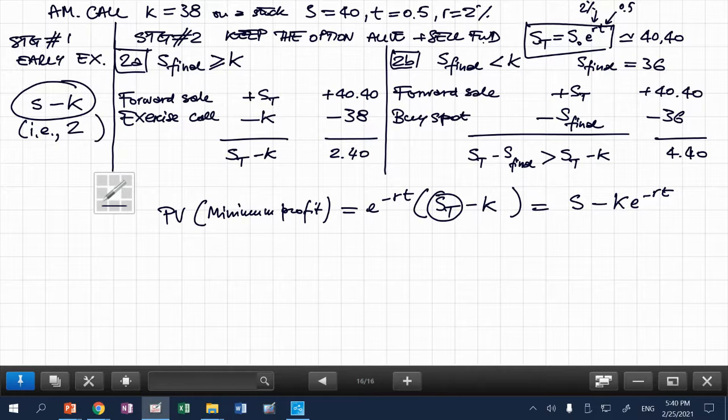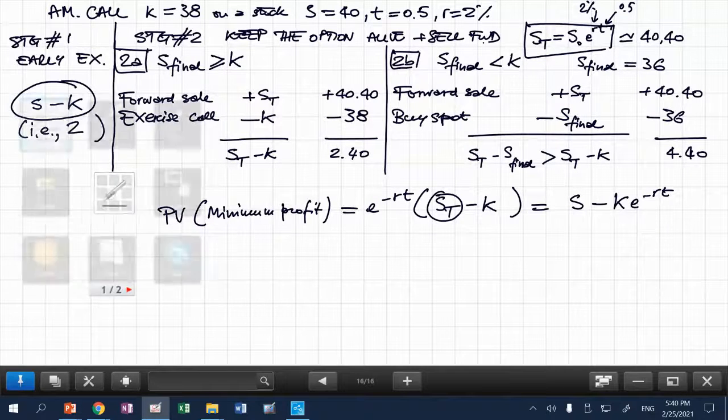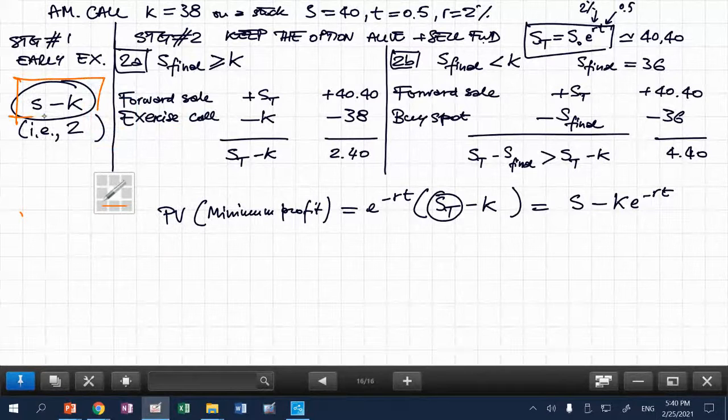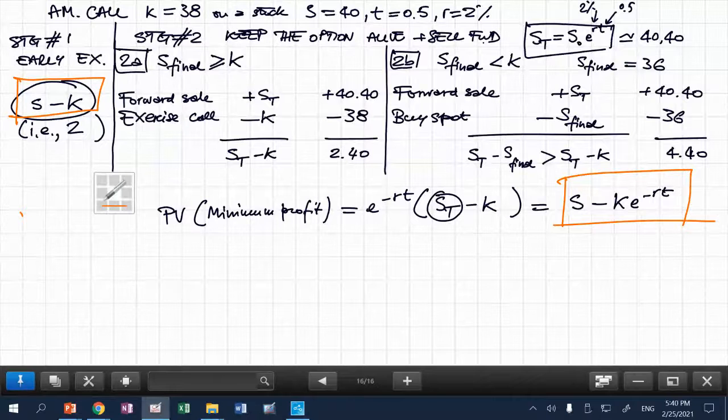The first term, e to the minus RT times ST, is simply S, okay? So what we are comparing is a case in which you get S minus the full strike compared with getting S minus the strike discounted, where intuitively the second amount is larger.